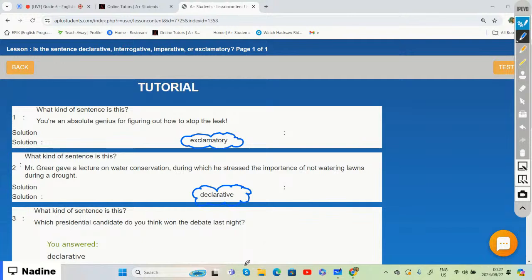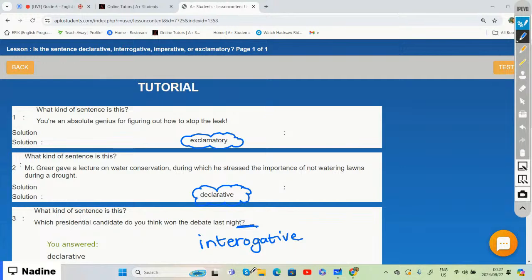If we were to choose the correct type of sentence, then we can say this is an interrogative sentence, right? Because it says, which presidential candidate do you think won the debate last night?